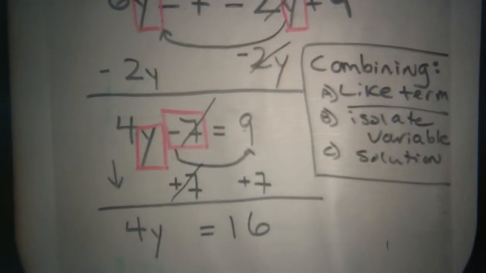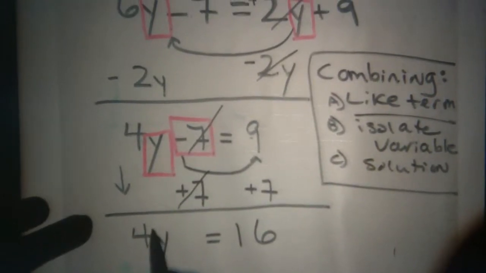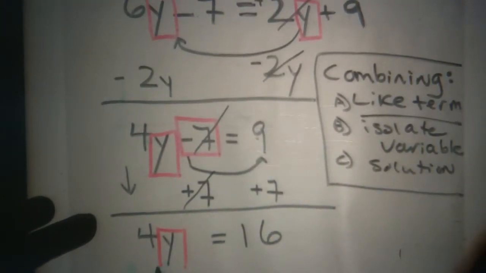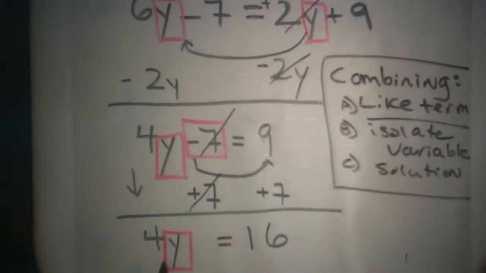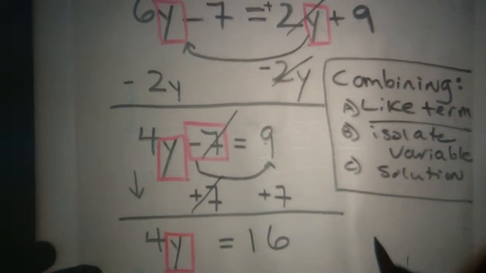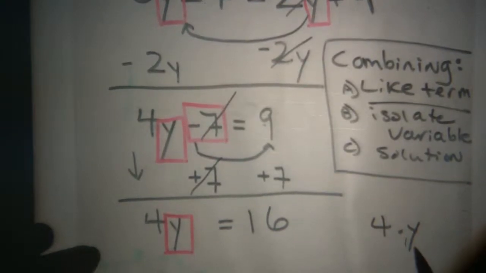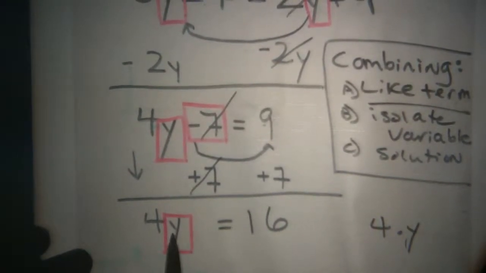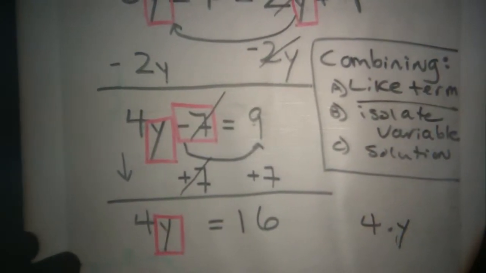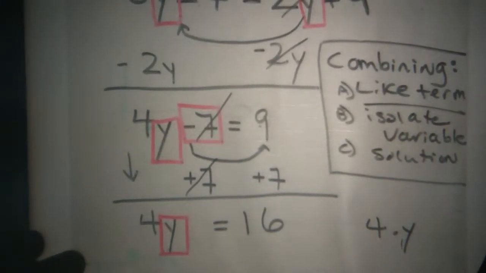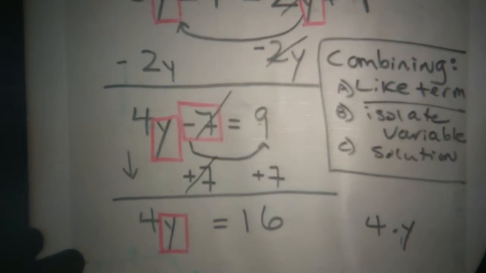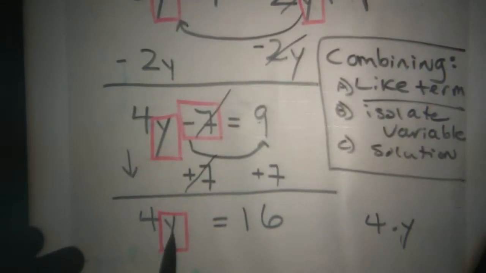Not yet, almost. I still have not been able to finish isolating my y. So I have 4y. 4y means basically 4 times y. So I want to unglom this y from the 4. He says, again, out of the neighborhood, 4. Move over to your constant. So how do I separate my 4y?